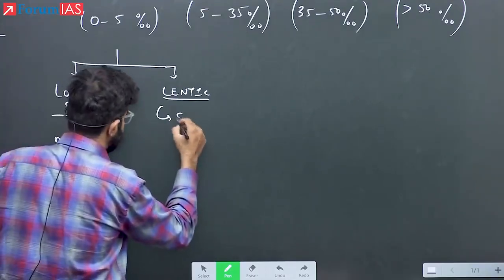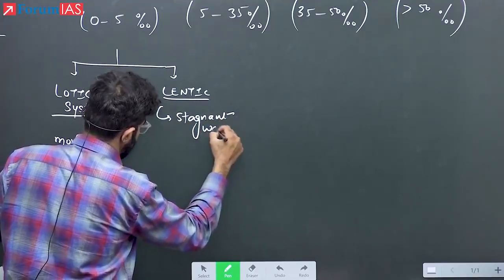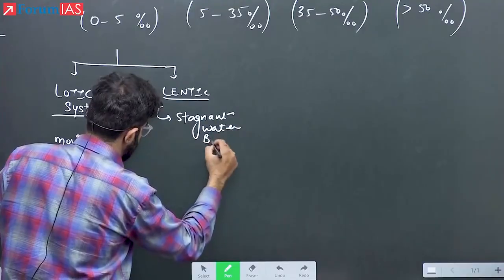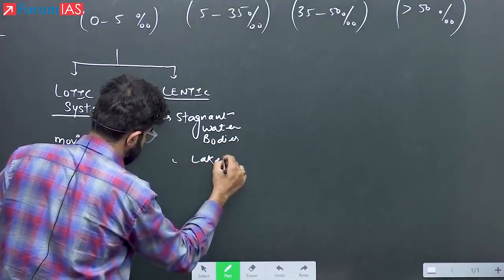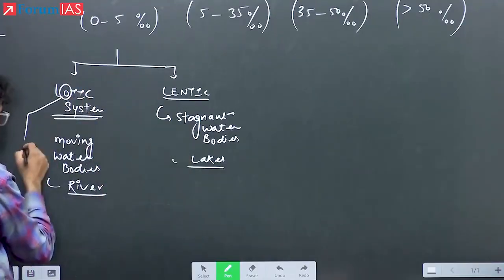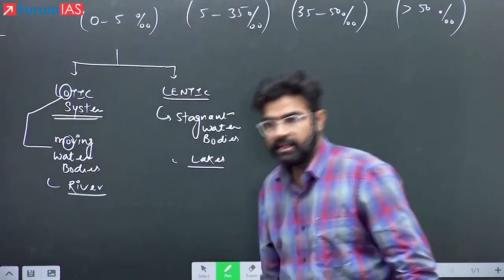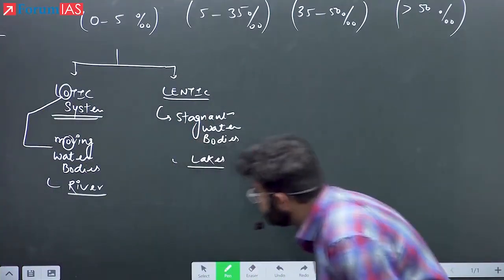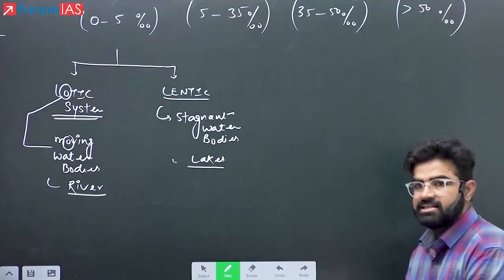Lentic means stagnant water bodies, and here example is lakes. Lotic systems means moving water bodies. Lentic system means lakes. Stagnant.